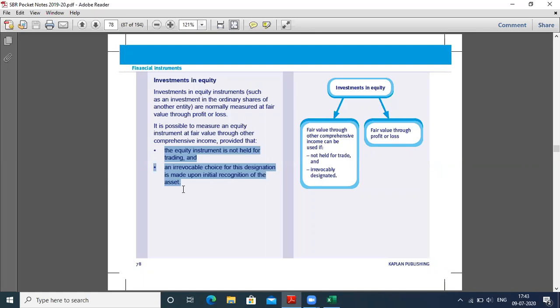Now here the slight difference is if it is trading, it should be done through fair value through profit or loss account. It means if there is any significant difference between the fair value of the asset and the carrying amount of the asset, that difference will be shown in the statement of profit or loss account.